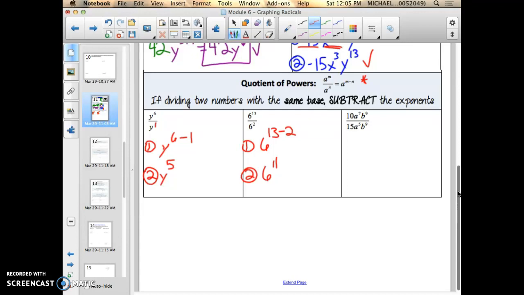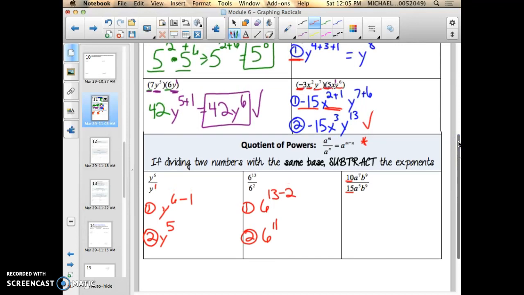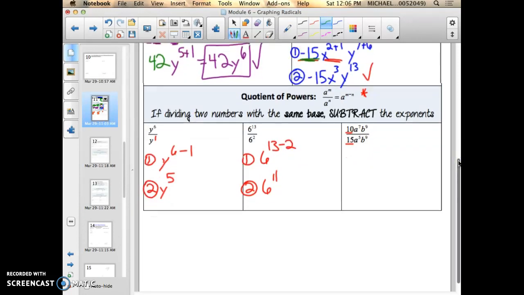Again, I didn't talk about what happens with the 10 and the 15, but they're both coefficients, and so the same thing, coefficients up here, I multiplied them. Negative 3 times 5, because it was multiplication, became negative 15. So in this case, you just do 10 divided by 15. It's going to give you a fraction.